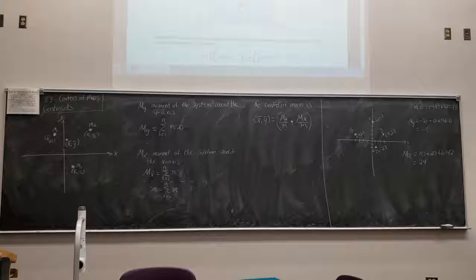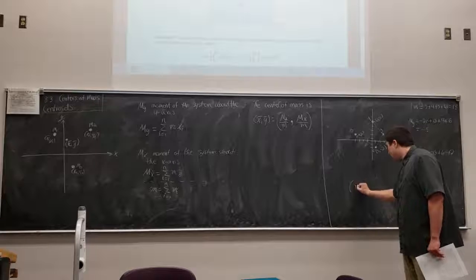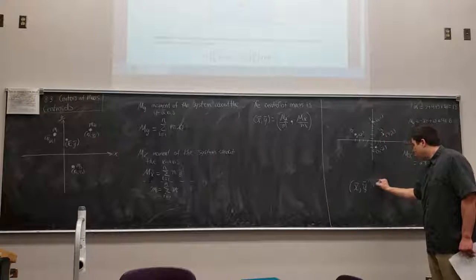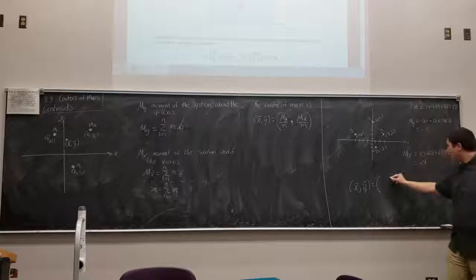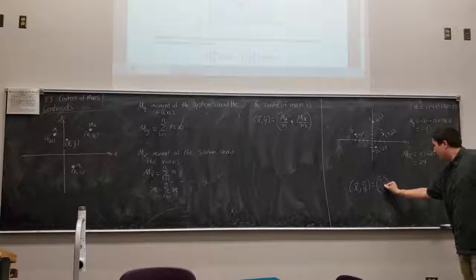At this stage, the problem is essentially over, but you should summarize by actually stating what the center of mass is. So I write as the last part of this problem that (x bar, y bar) is equal to, we take m sub y for x bar, -5, divide by the total mass of 18.